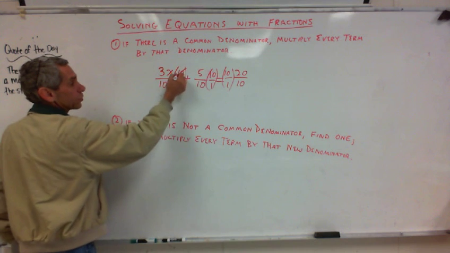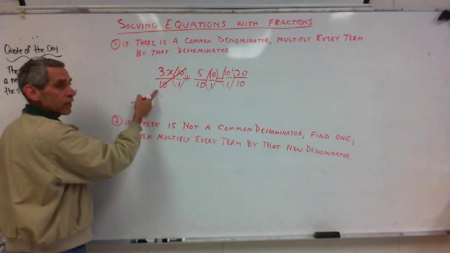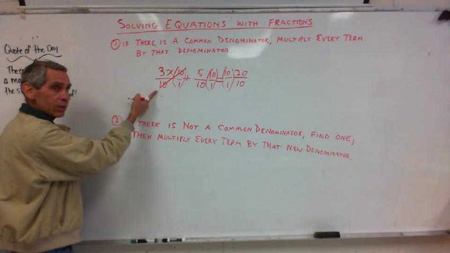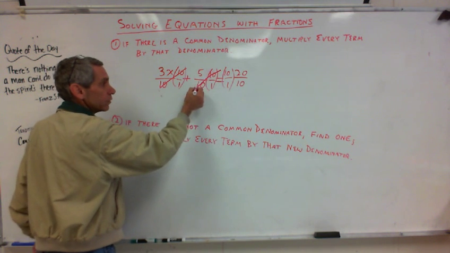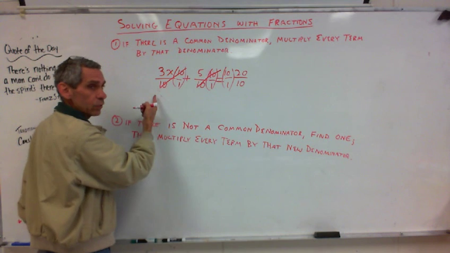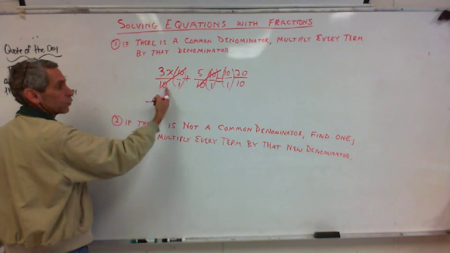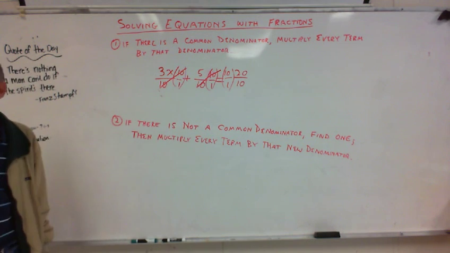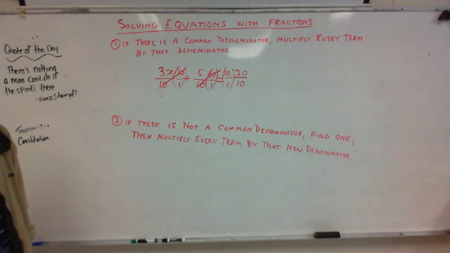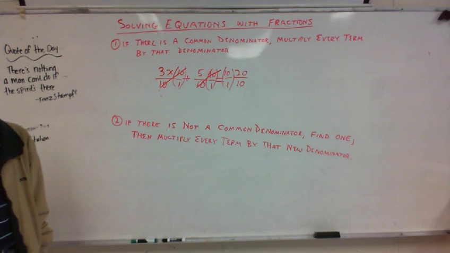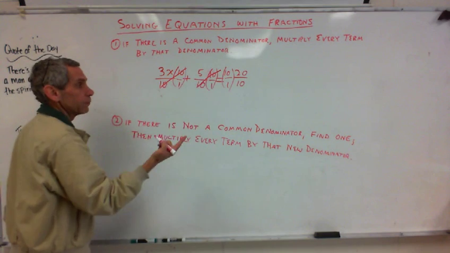And notice the 10s cross out. Look at that. I just got rid of my denominator. Look how fast that was. 10 goes into 10 once. And if I have 1 in the denominator, I don't need it. 3 over 1 is the same as 3, 5 over 1 is the same as 5.